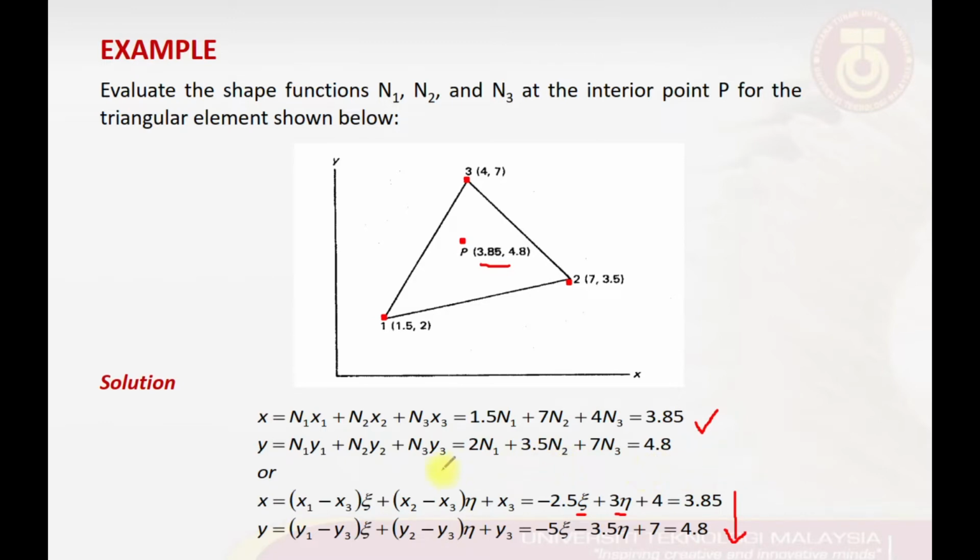Applying that, we know that n1 equal to z, and n2 equal to eta, and we know that n3 equal to 1 minus z minus eta. So substituting these three pieces of information into the first equation, then we can write the field displacement equations as functions of z and eta as shown here.